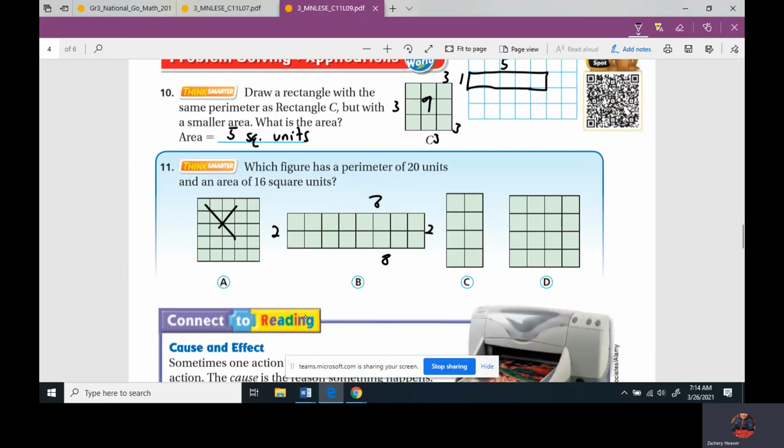Let's count the inside. 1, 2, 3, 4, 5, 6, 7, 8, 9, 10, 11, 12, 13, 14, 15, 16. So this fits. Let's try this one. 2 on top. 1, 2, 3, 4. 4 on the sides. 2 on the bottom. 4, 8, 9, 10, 11, 12. Nope. And this one, 4 on the top. 4 on the sides. So 4, 8, 12, 16. Nope. It's going to be B.